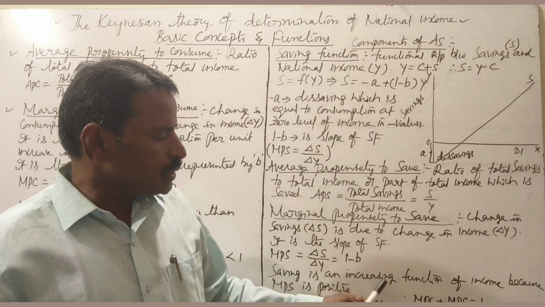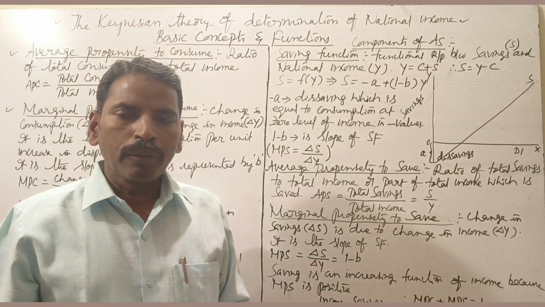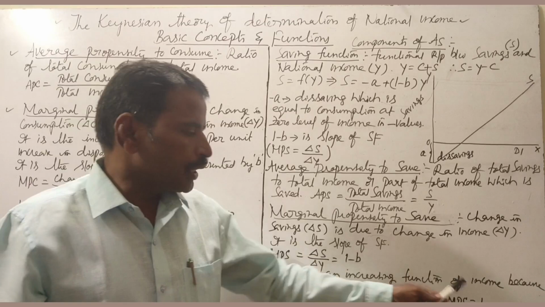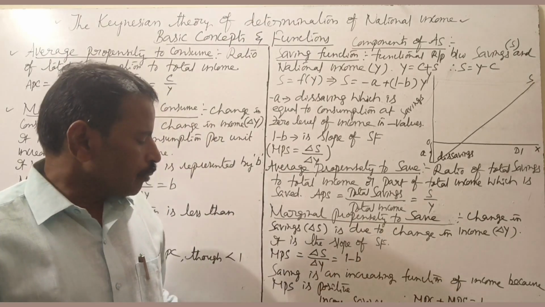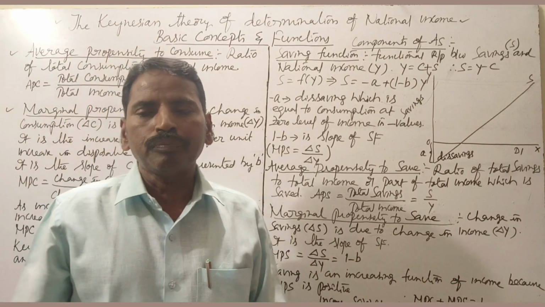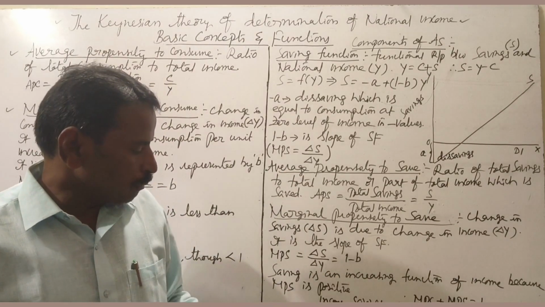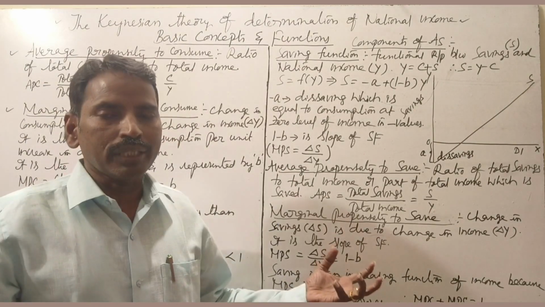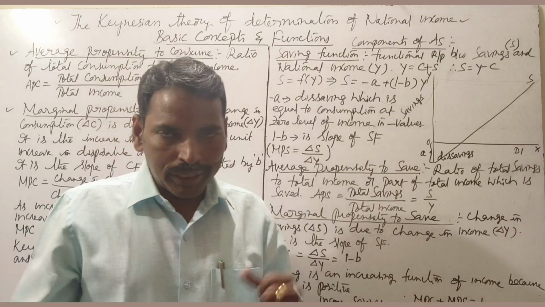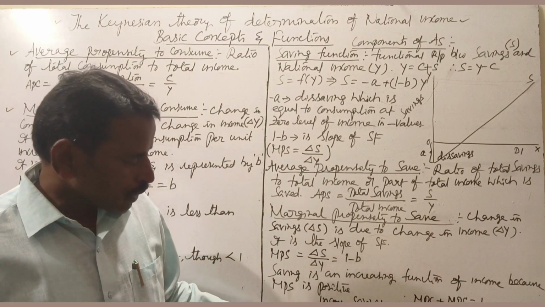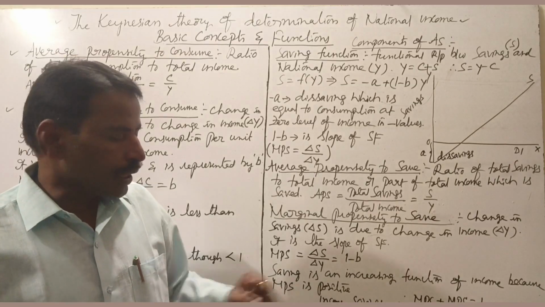Saving is an increasing function of income because MPS is positive. So savings increases as income increases.